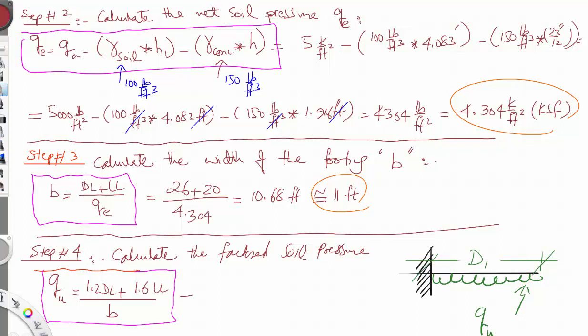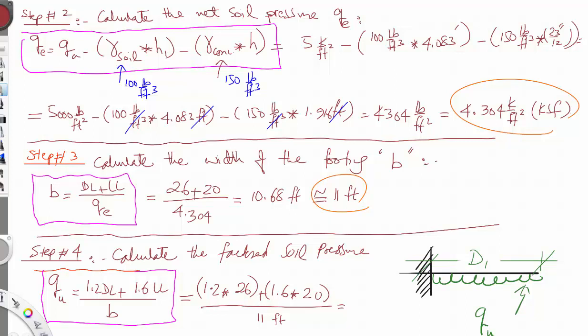So I have 1.2 times the dead load, which is 26, plus 1.6 times the live load, which is 20, divided by the width, and the width is equal to 11 feet.